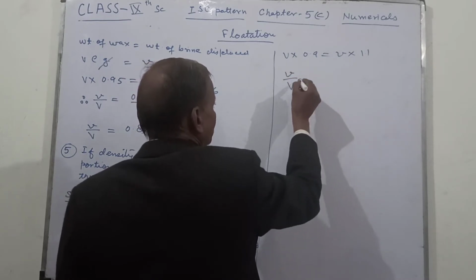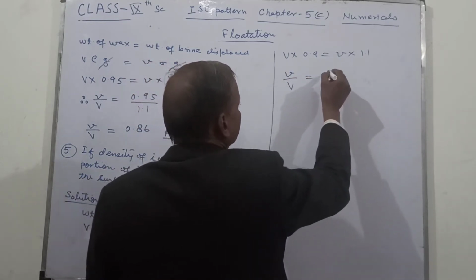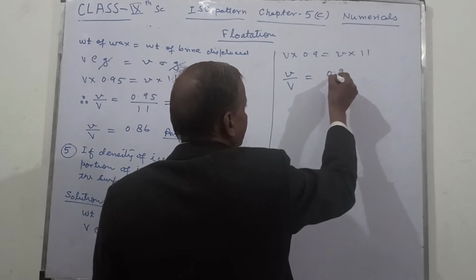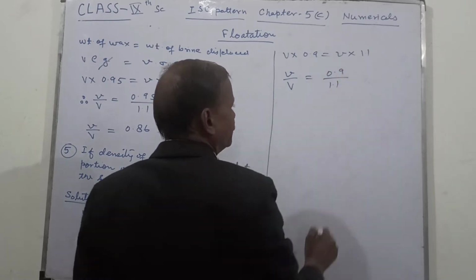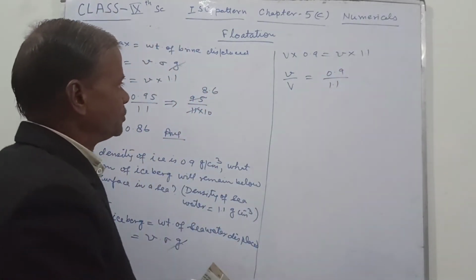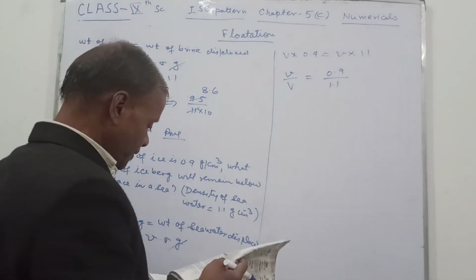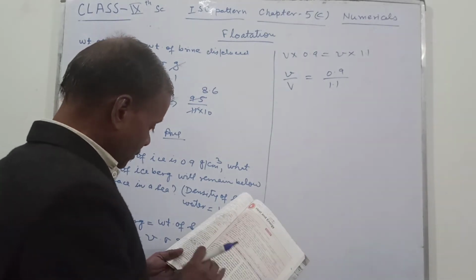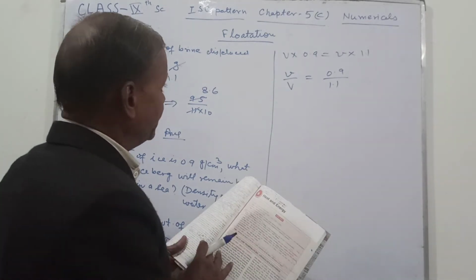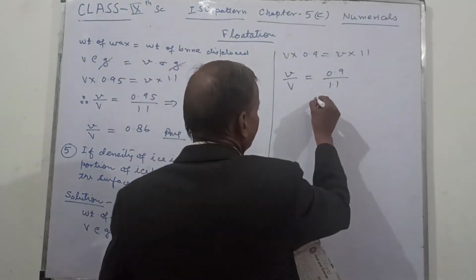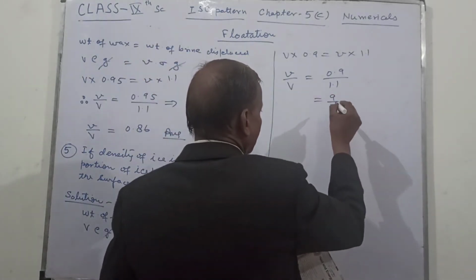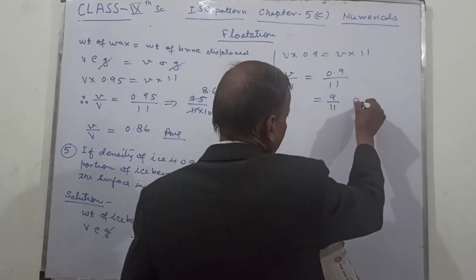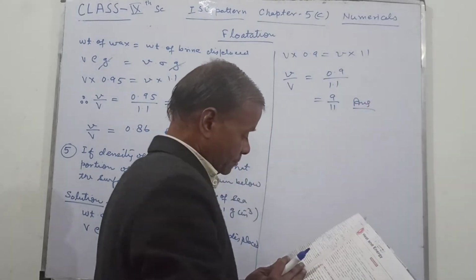So V upon V, this is equal to 0.9 upon 1.1, and these points will be cancelled from here. So this will come out to be 9 by 11. This is the answer.